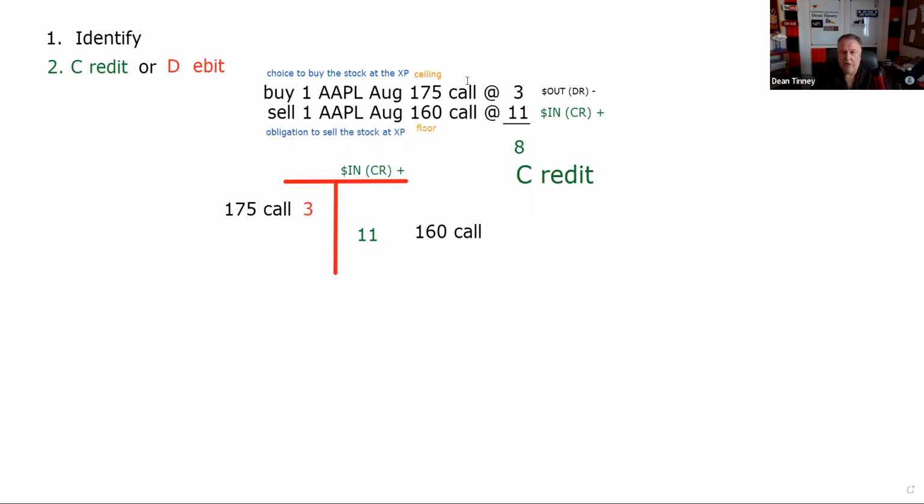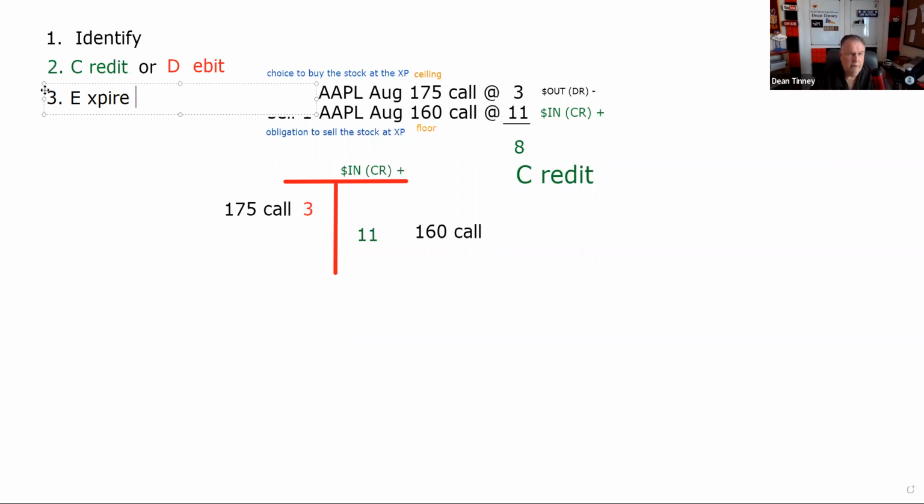Now, the next thing we need to do, our third of our 8 test questions, is to determine whether we want the contracts to expire or we want the contracts to exercise.